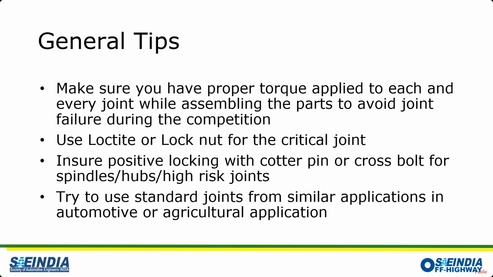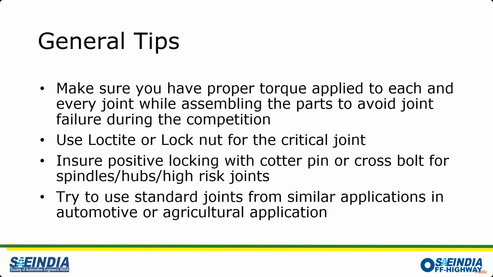You can also think of using Loctite or a lock nut for critical joints where you see the possibility of increased vibration. You can also use some kind of positive locking, like a quarter pin or cross bolt, for high risk joints like spindles, hubs, like that.